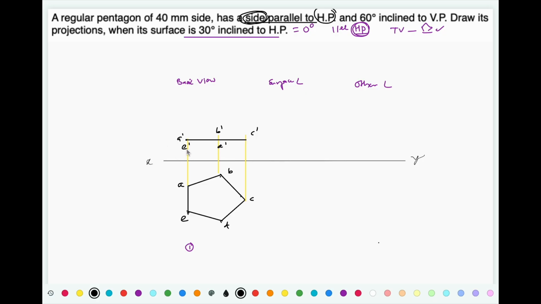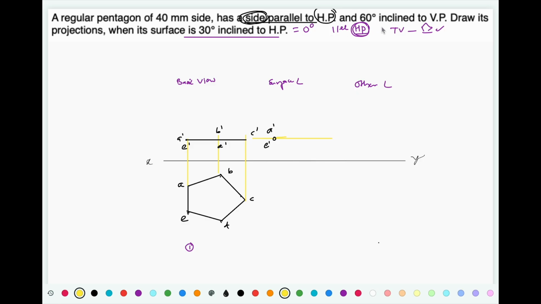This distance could be anything above XY line because that distance has not been specified. Now once you have located that front view, on this locus at some random distance, first locate the point A dash E dash.